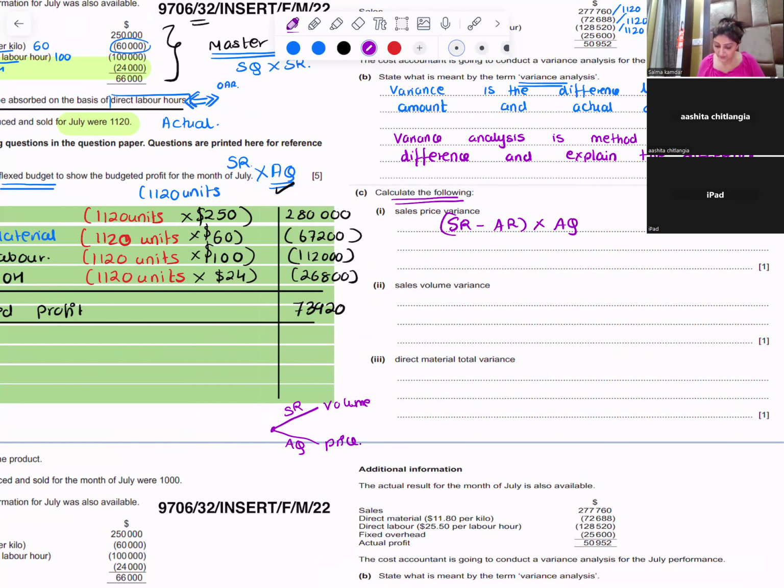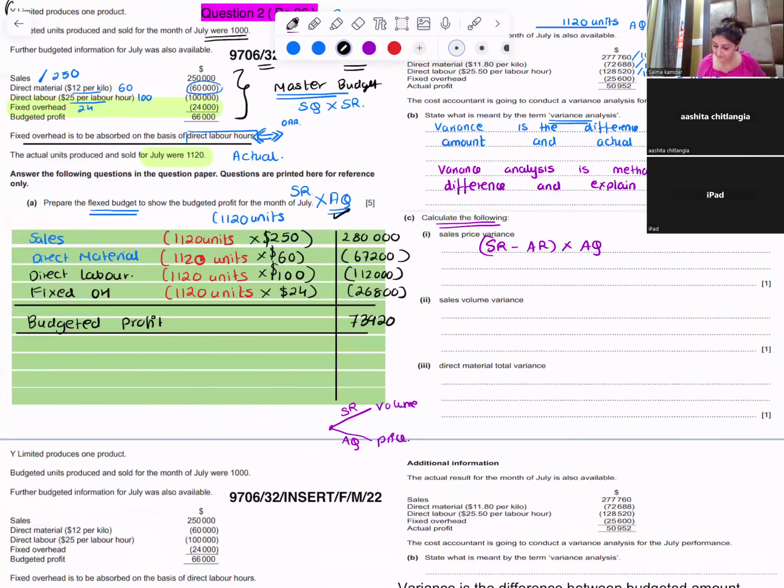What is your standard rate? Standard rate is 250. What is your actual rate? 248. That means you expected to sell at 250, but you have sold at 248. So this will definitely be adverse. You have to analyze this yourself: adverse or favorable.